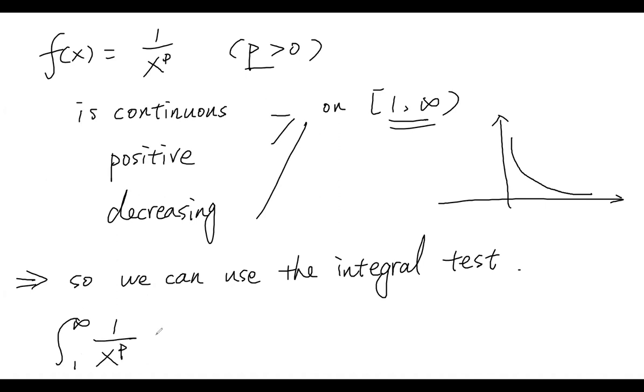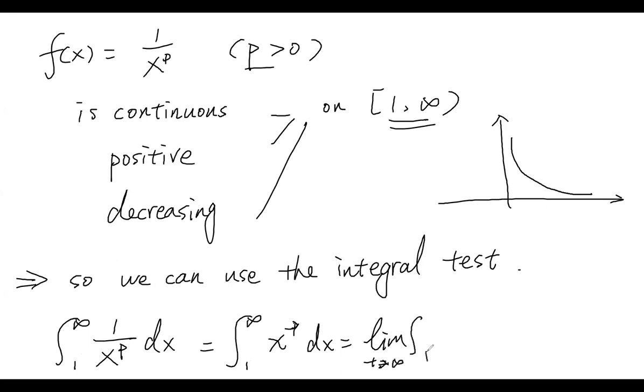The integral of 1 over x to the p power from 1 to infinity is equal to the integral of x to the negative p dx, which is equal to the limit as t approaches infinity, using the definition of an improper integral, of the integral from 1 to t of x to the negative p power dx.